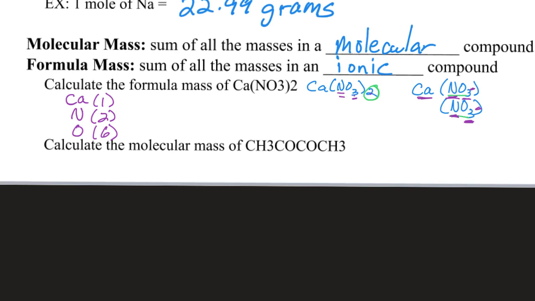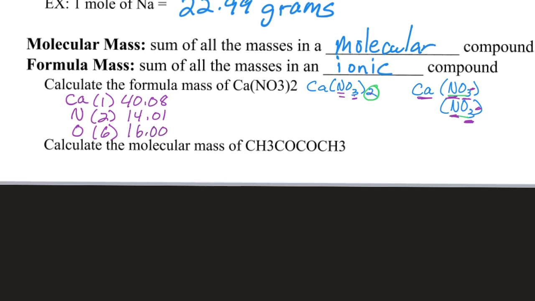Now I have to use my periodic table to look up the weights of each element. Now I have to look up nitrogen. And now oxygen, 16.00.